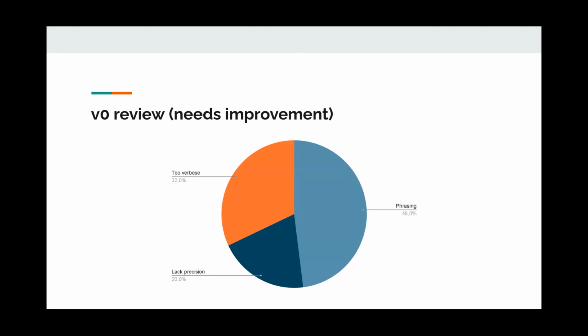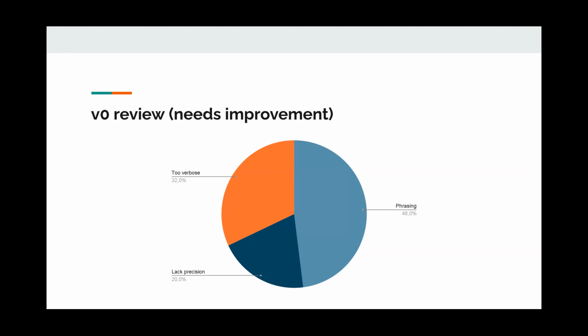In the needs improvement category, we actually have three cases that are possible right now. The first one is the phrasing that is inconsistent in the same source file. For example, the way the docstring is written is not uniform from one element to another. So it's half the cases.